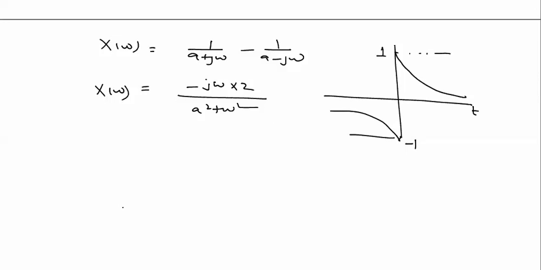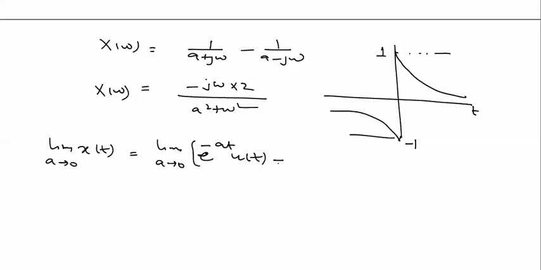If we put x(t) with limit a tends to 0, e power minus a t u(t) minus e power a t u(minus t).